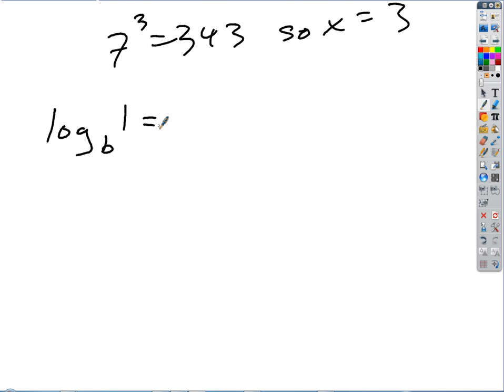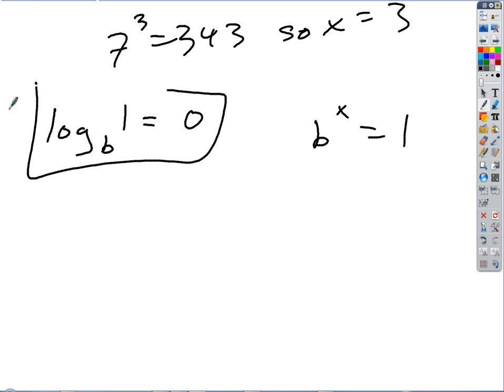Let's rewrite it as b to the x equals 1. I didn't even specify what the base was. The base could be anything. Anything to what power always equals 1? 0. So the answer is 0. That's always true. The log of 1, any base, is always 0.